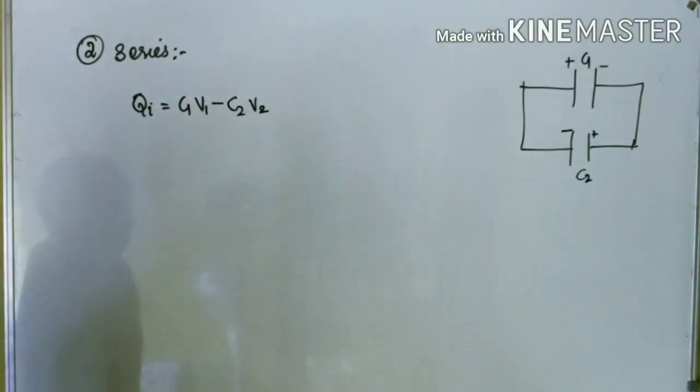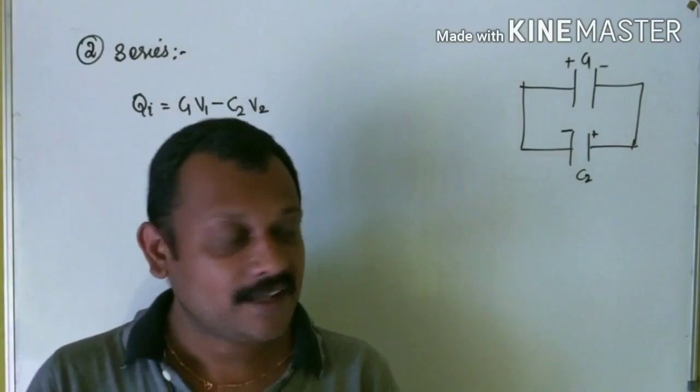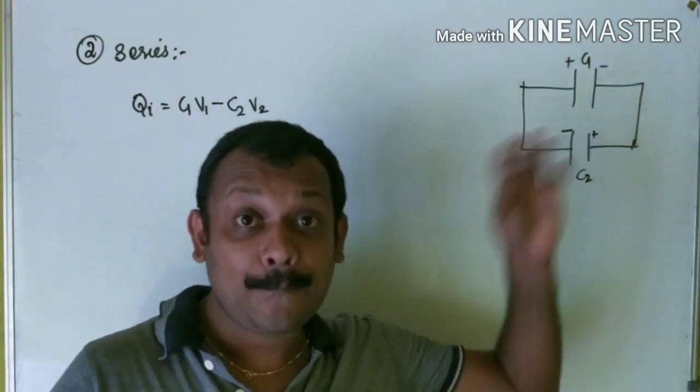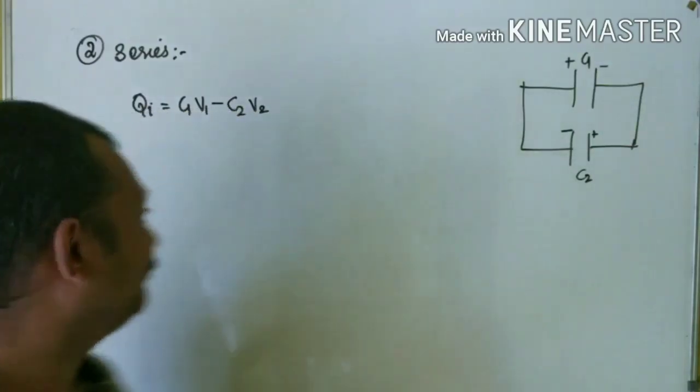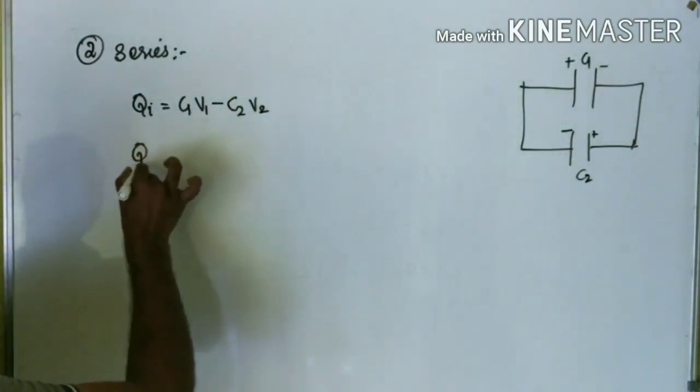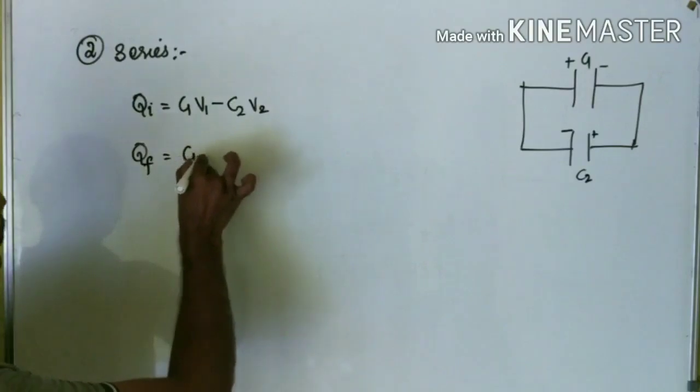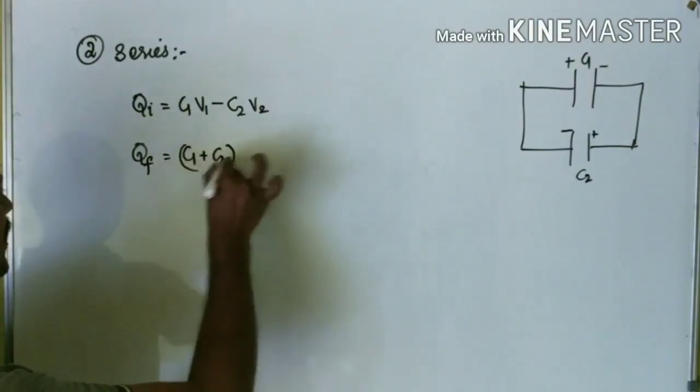Qi is equal to C1 V1 minus C2 V2. Then, as we stated earlier, charges will flow between plates until they attain the same potential, which means the final charge of the system will be equal to C1 plus C2 into V.